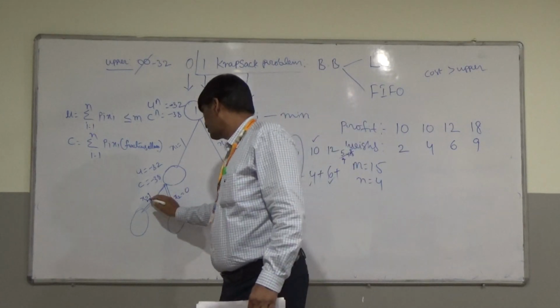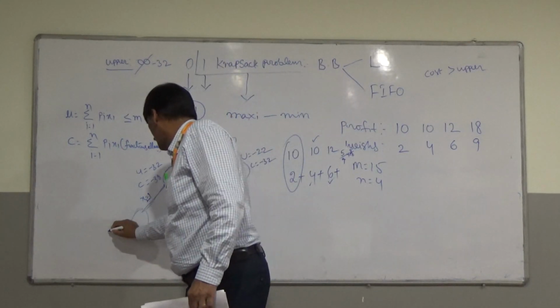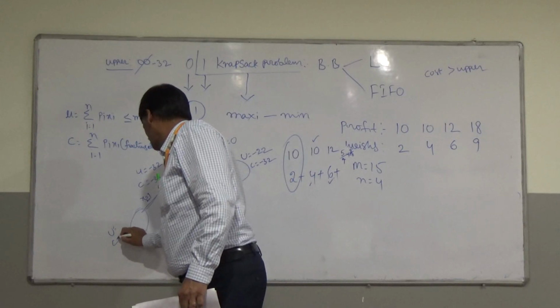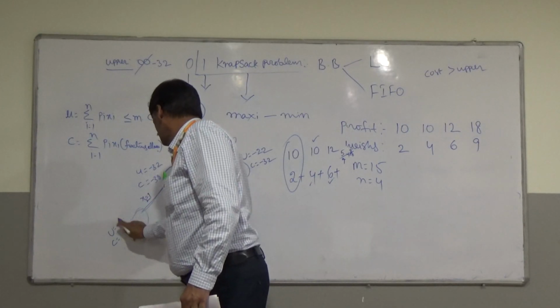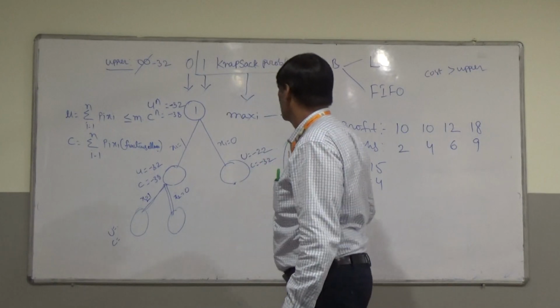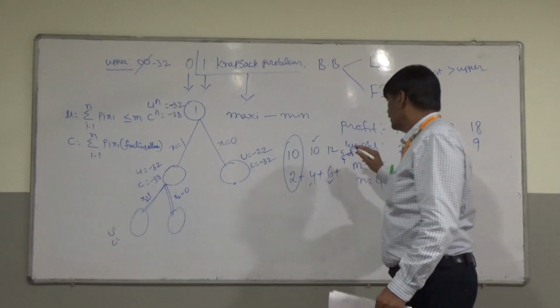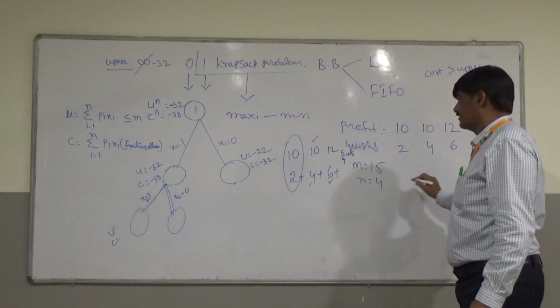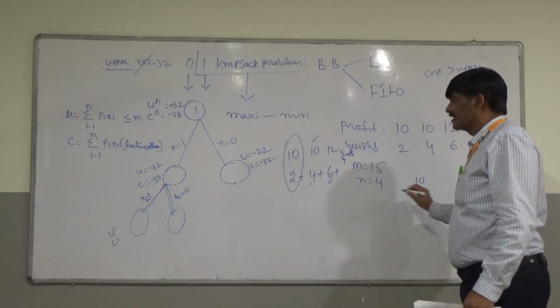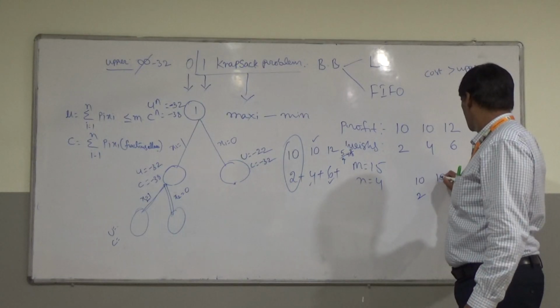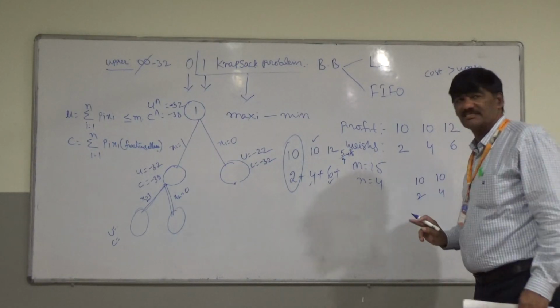In the case where x2 is considered, calculate the upper bound value and also calculate the cost. If x2 equals 1, it means x1 is considered and x2 is also considered. Suppose first x1 is considered, that weight is 2. Next x2 is considered, that weight is 4, so 2 plus 4, 6 is completed.